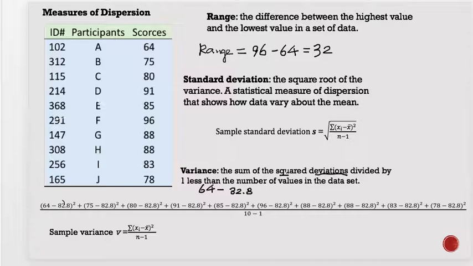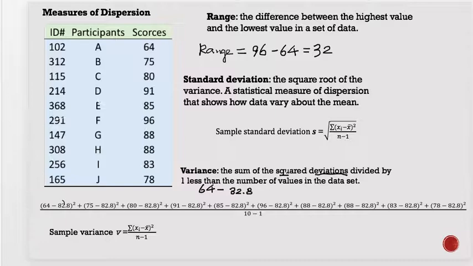Why do we need to square it? Because we want to make sure we get a positive number. If we don't square it, we will get negative numbers and positive numbers, and eventually if you add them up, they will cancel out.